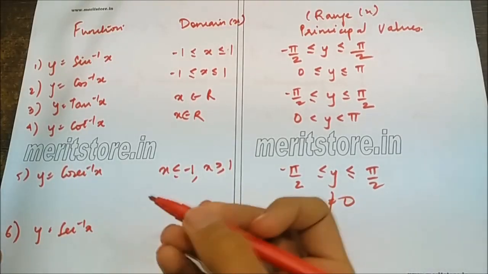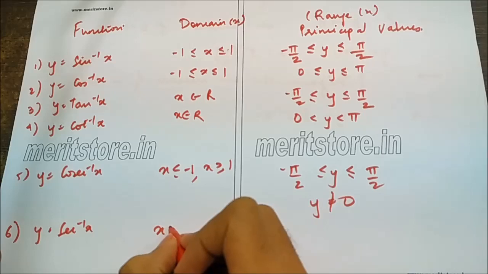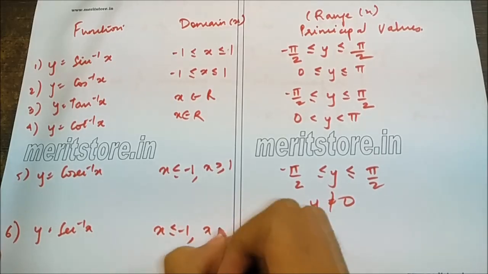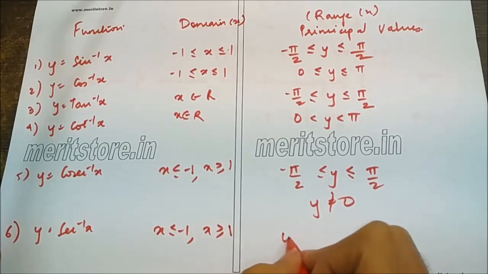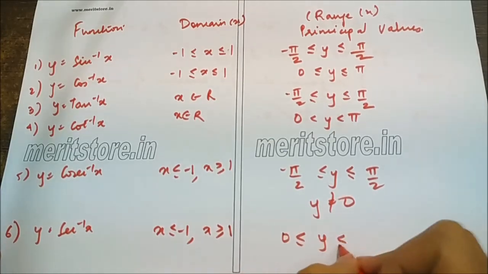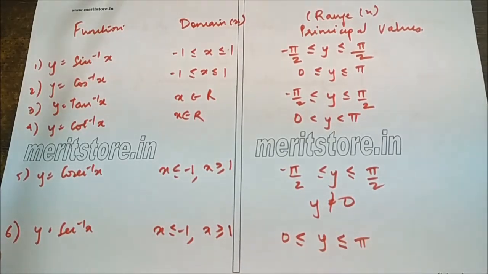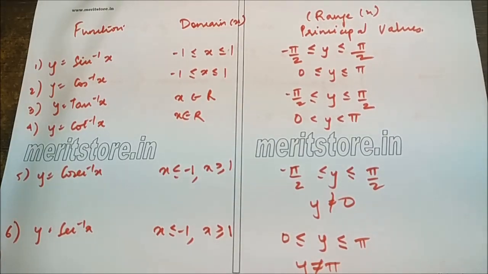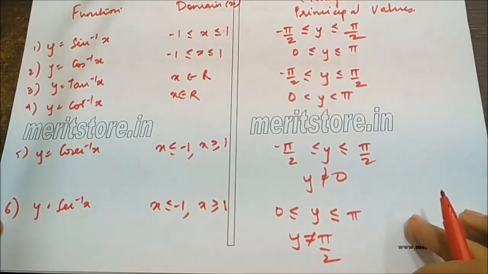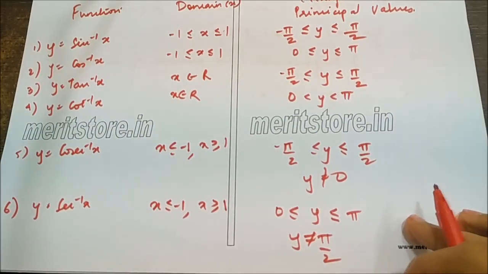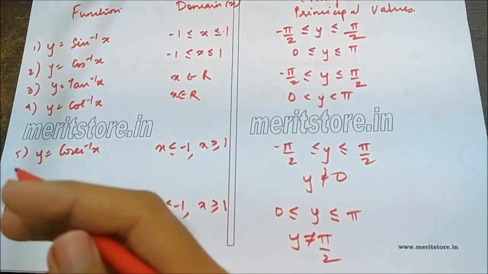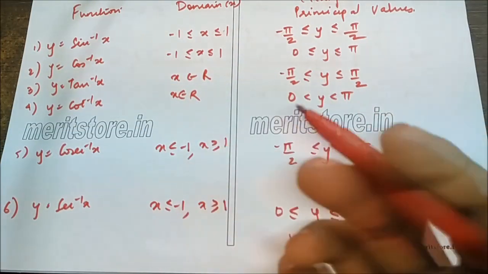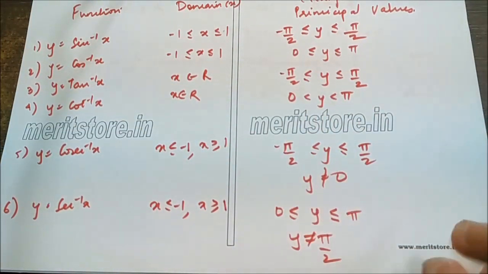Its domain is the same as cosec, that is x should be less than or equal to minus 1 and x should be greater than or equal to 1, and its range is from 0 till pi, where y should not be equal to pi by 2. So these are all the functions and their domains and their respective ranges, that is their principal values from where the theta lies.